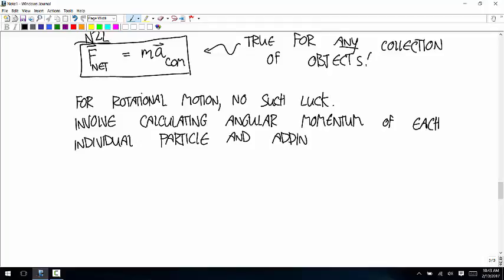Well, it really would be calculating the change in angular momentum. I'm not even giving you an equation though. That's a lot less meaningful description of the motion than just talking about the acceleration of the center of mass, right? There's a lot of particles that make up my body, for example, and you don't want to sit there trying to calculate the change in angular momentum for each one.